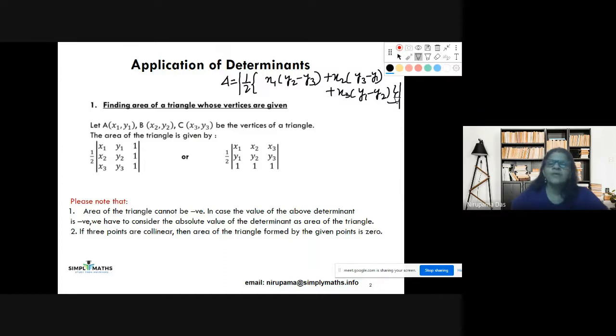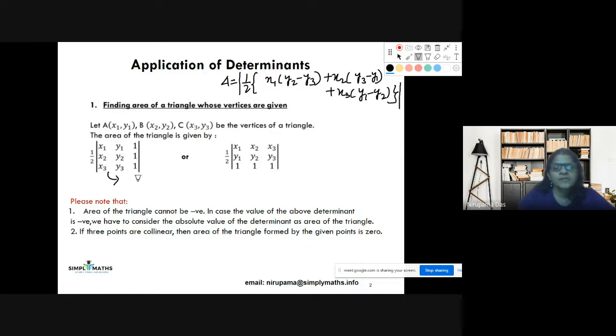Now we know this, and we have studied determinants. So if I take it like this, half of the determinant with x1, x2, x3 in the first row, y1, y2, y3 in the second row, and 1, 1, 1 in the third row, can you check whether we are getting the same thing or not?